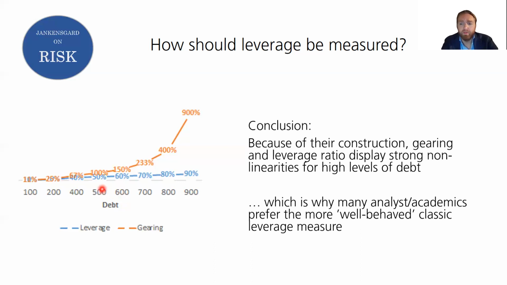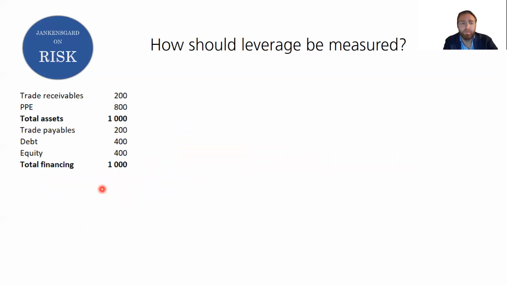So we have to keep these caveats in mind here. But here's one thing to keep in mind when choosing between different ways of calculating leverage, right? That classic leverage tends to stay more well-behaved across a range of possible outcomes, right?